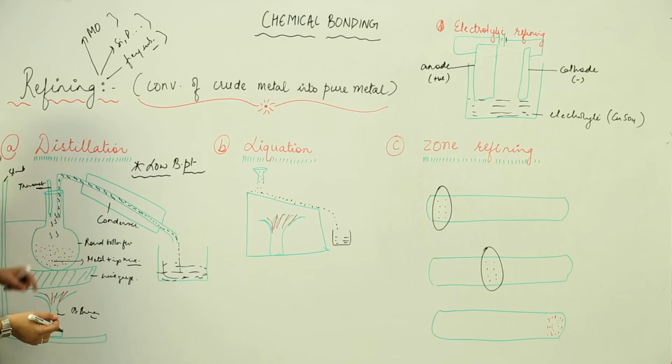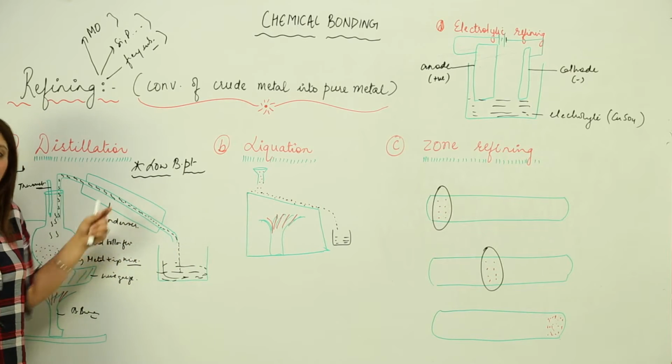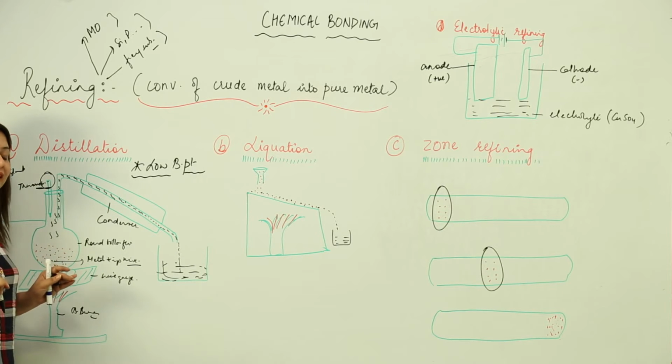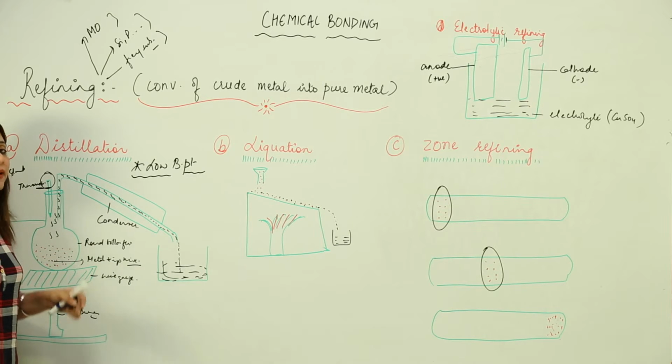But what about the impurities now? The impurities possess a high boiling point compared to the metal, so they will remain here, and we need to keep check on this thermometer. That is why we have put this thermometer inside, so that the temperature does not rise so much, because if it exceeds a certain limit, the impurities may also form a vapor and pass along with the metal into the condenser, and we won't be able to separate the metal and the impurities.